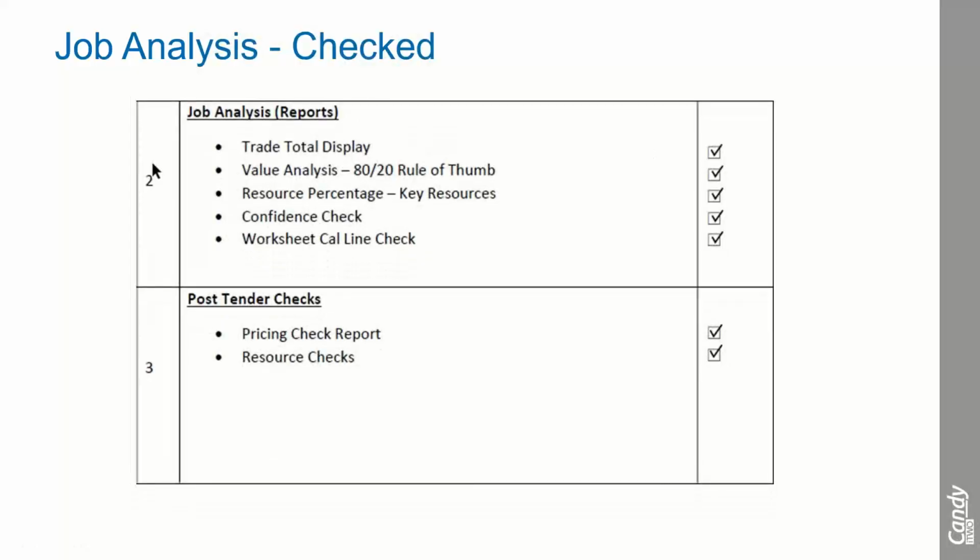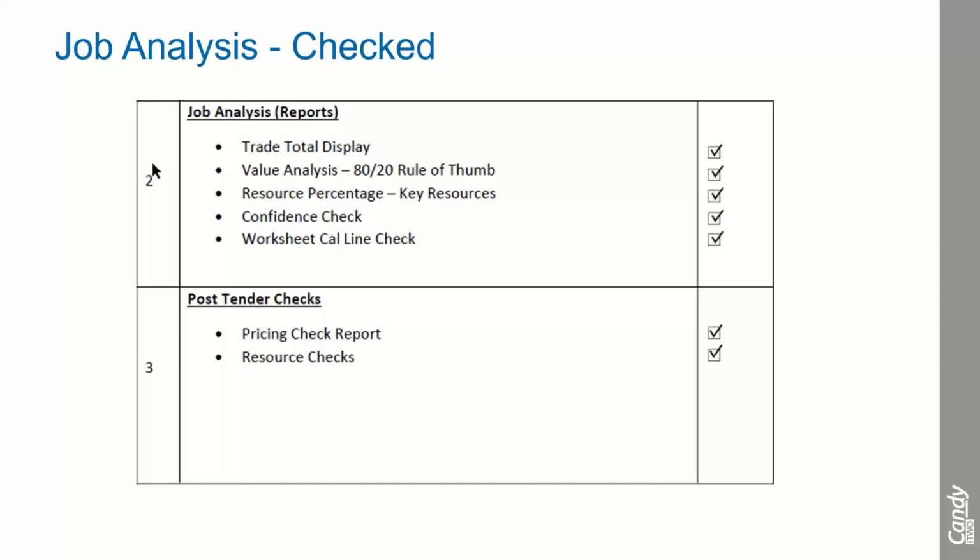Right, so I'll quickly switch back to my PowerPoint and go through all the tick boxes that we've covered: the trade total display, the value analysis, the resource percentage, looking at key resources was the last report we had a look at, confidence check, worksheet calculation line check, pricing check, as well as the resource check.